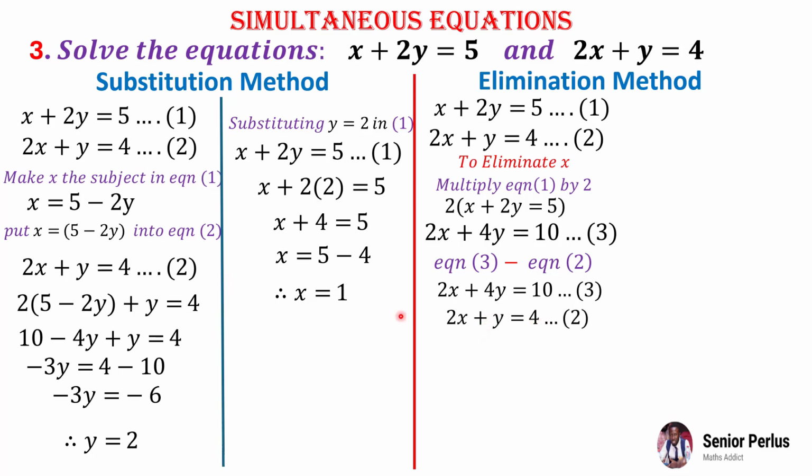That's for me to eliminate s. So now the s are the same. For me to eliminate it, we have to subtract, like I said earlier. So 2s minus 2s will go to 0. 4y minus y, you will get 3y, then equals 6. Therefore, my y is 2.